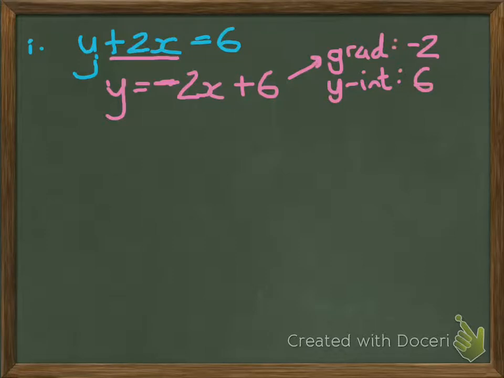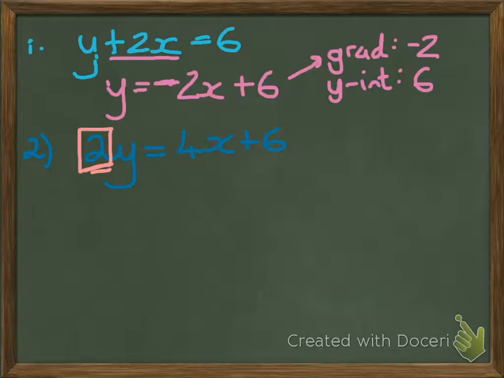Okay, so that's my first example. My second one is if I have 2y equals 4x plus 6. This time, it's quite easy to be convinced that it is in standard form, because you've got the y term on the left and the x term and the constant on the right. But my problem here is that the y has a coefficient, and that's not good enough. So this is y times 2.